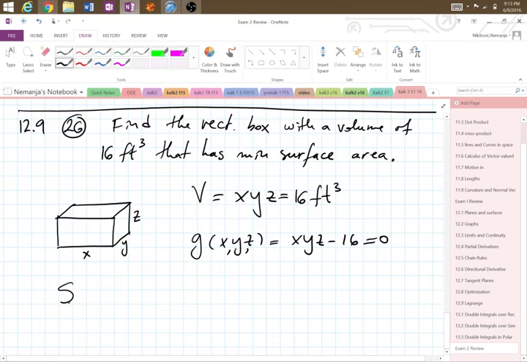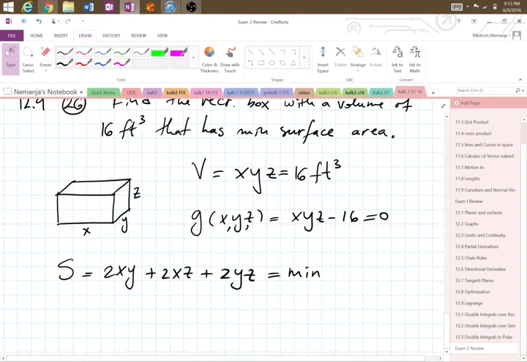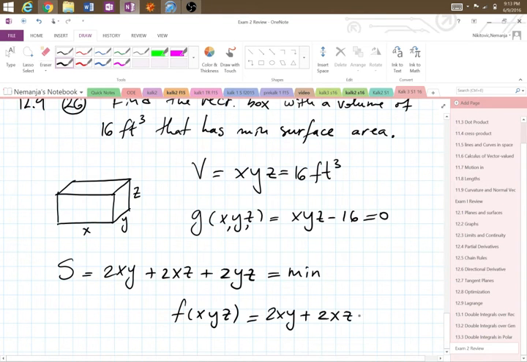So the surface area, call that S, is going to be 2xy plus 2xz plus 2yz, and you want to minimize that. So that is your f of x, y, z: 2xy plus 2xz plus 2yz.